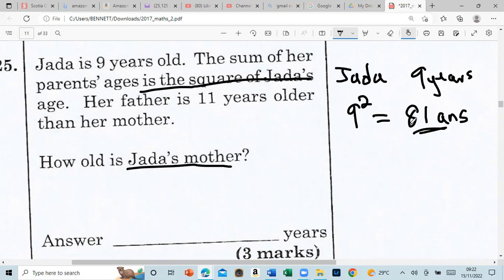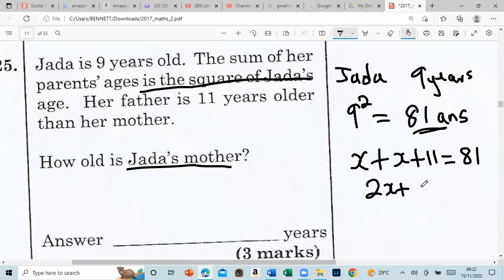Alright, so let's call Jada's mother X and her dad X plus 11, right? Because they say that he is older. And that must add up to 81. So we're gonna solve for X now.